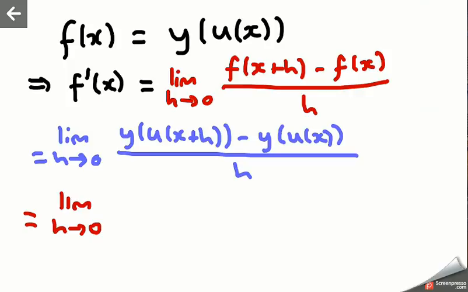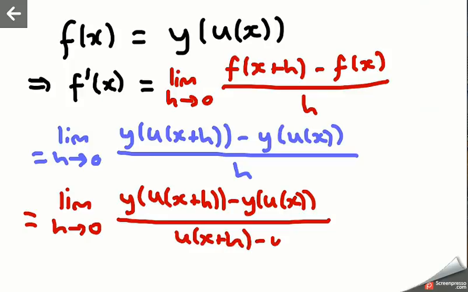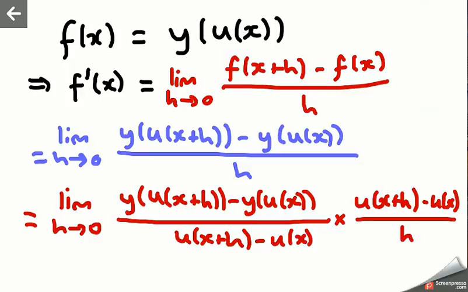So this is equal to the limit as h gets closer and closer to 0 of y of u of x plus h minus y of u of x divided by u of x plus h minus u of x, and then times u of x plus h minus u of x divided by h.